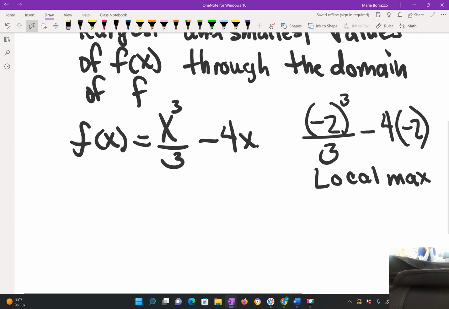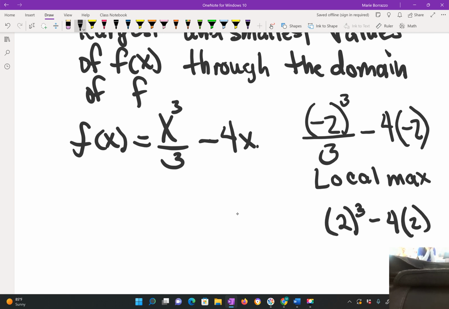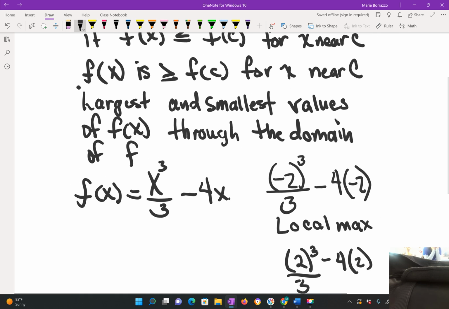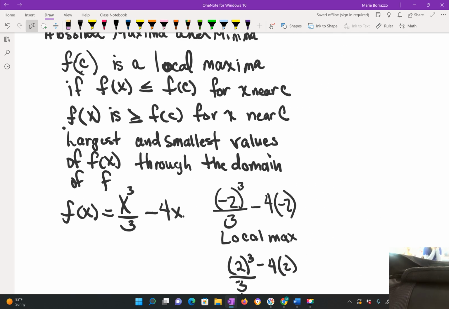And when we look at the other side of the function, we find 2 cubed minus 4 times 2 over 3. And this also ends up in the same point. So the local minima is this one. That's what all this fancy notation up here is referring to.